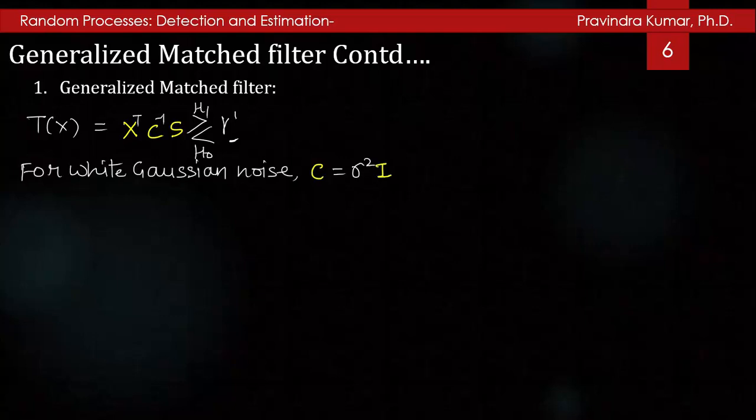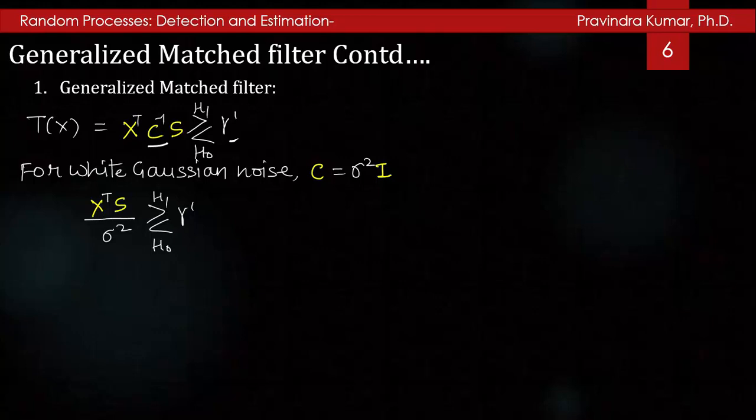For white Gaussian noise, the covariance matrix C is equal to sigma square times the identity matrix. So I can write the test statistic as x transpose s by sigma square greater or less than the new threshold gamma dash.